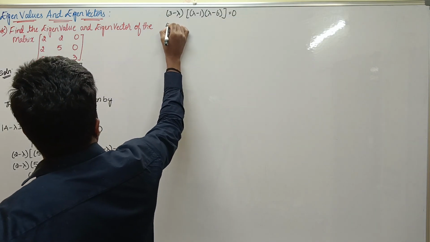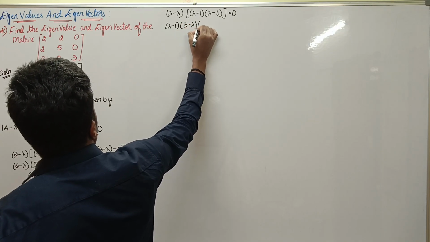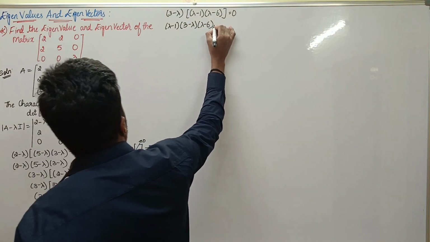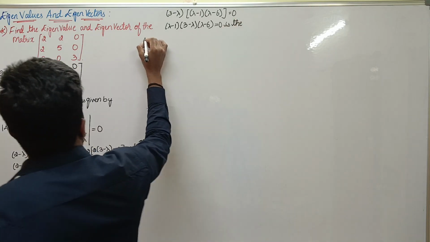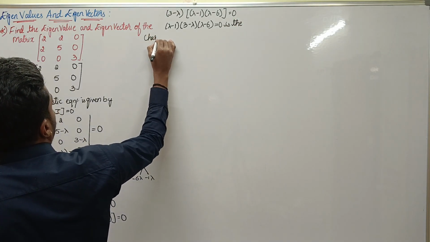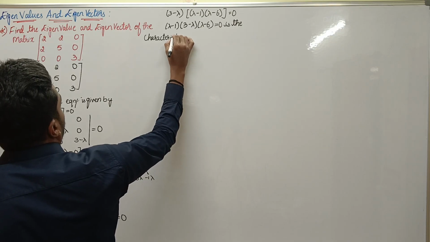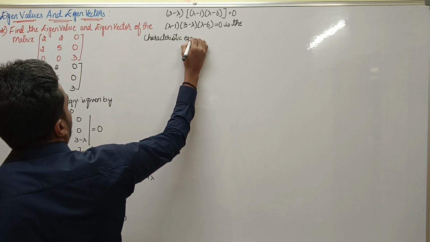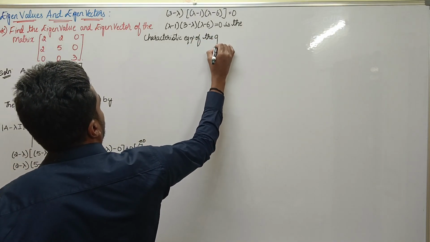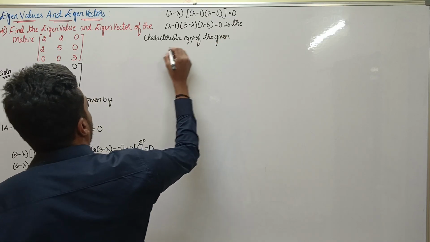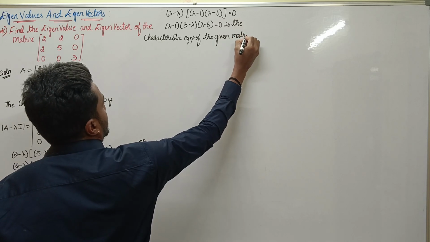That is (lambda minus 1)(3 minus lambda)(lambda minus 6) equal to 0, which is the characteristic equation of the given matrix.